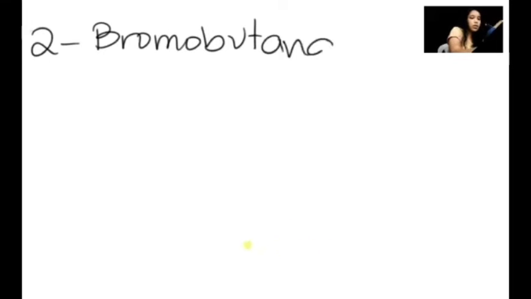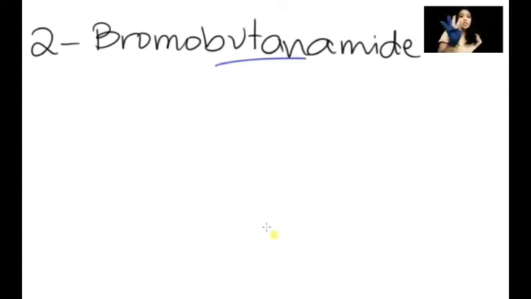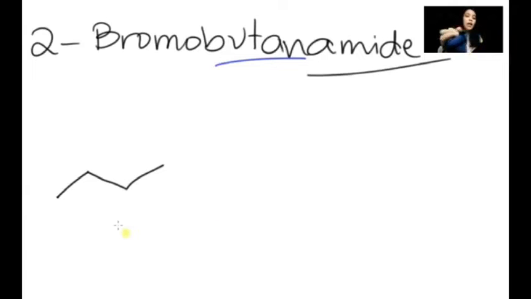Now let us proceed with drawing the structure. For example, we have 2-bromobutanamide. As we can see, we have the word butan, which means 4, so we will be drawing a 4 carbon chain, 1, 2, 3, 4, and now we can add our amide right here.